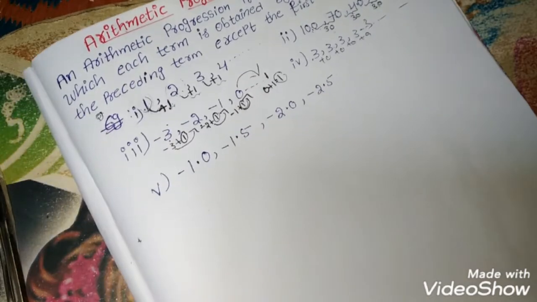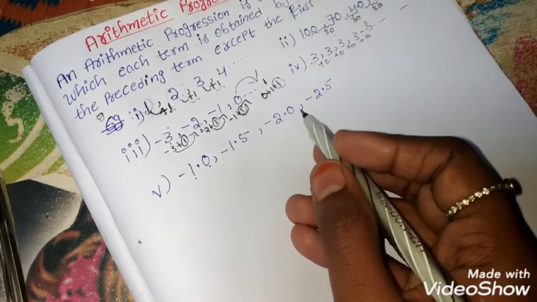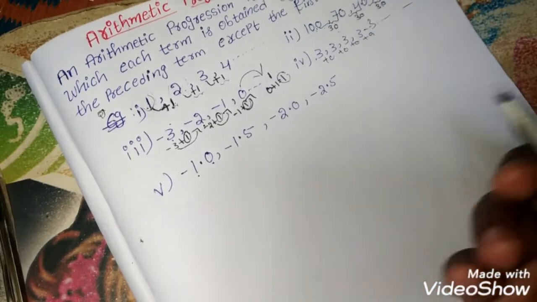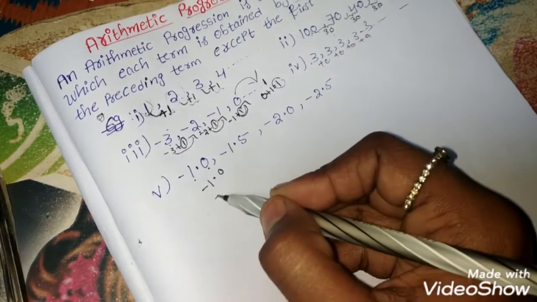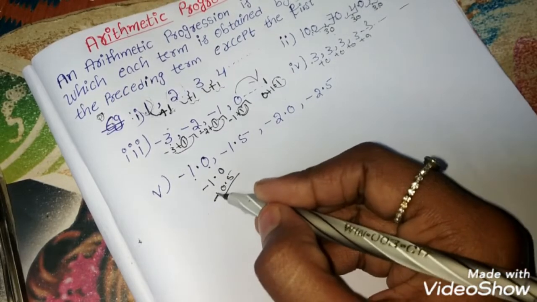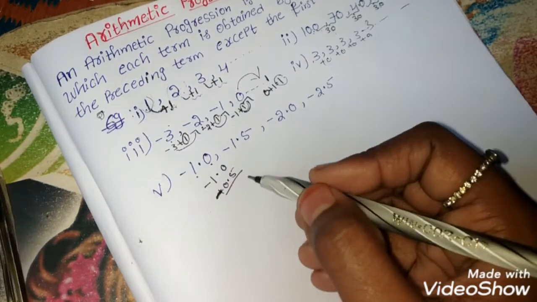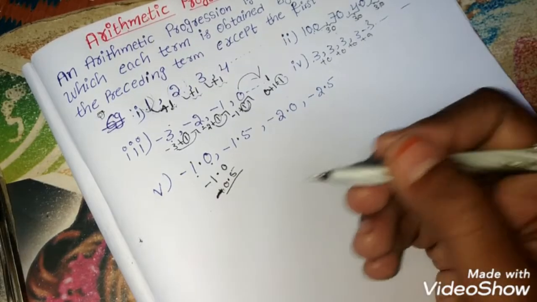Okay. Here, check this. Minus 1.0, minus 1.5, minus 2.0, minus 2.5. What is this? This is minus 1.0 plus minus 0.5. If you do like this, what do we get? Minus into minus, we get plus.